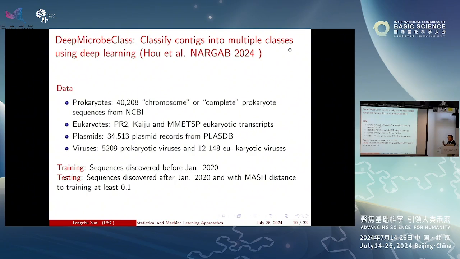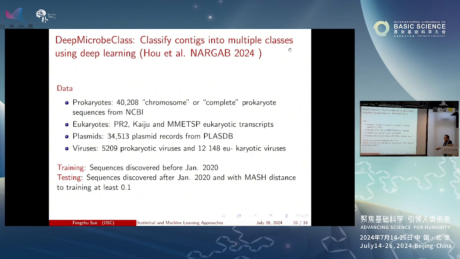Although we did this study around 2022, we set January 2020 as the cutoff time, because sequences tell you when they were discovered. We use the data from before 2020 as the training and validation data, and then we get the model.